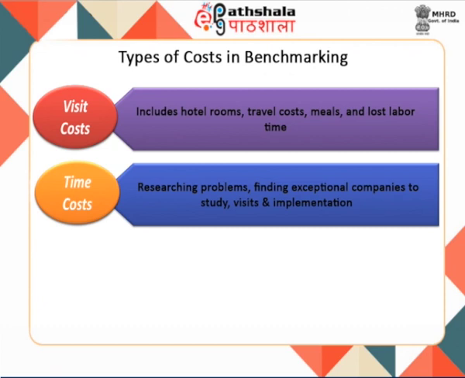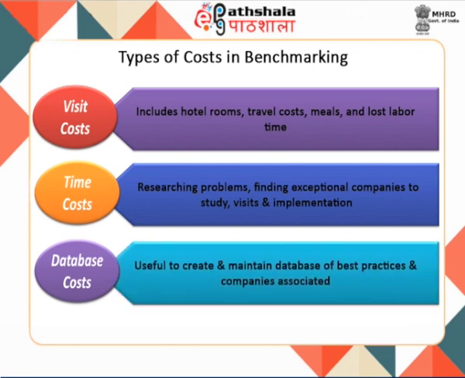Number three, benchmarking database costs. Organizations that institutionalize benchmarking into their daily procedures find it useful to create and maintain a database of best practices and the companies associated with each best practice.